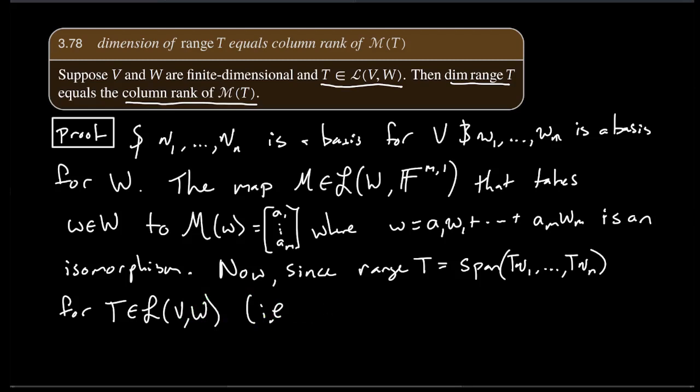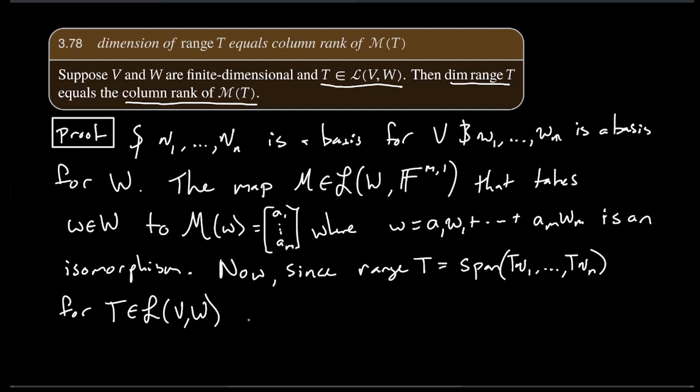The range of T is all the things you get out from T. If you plug in a vector v to T, then you are taking T of a linear combination of v1 through vn. So by linearity, what you get out is a linear combination of Tv1 through Tvn. So everything in the range is a linear combination of the image of basis vectors of V. Okay, cool. So we know that they are the same.